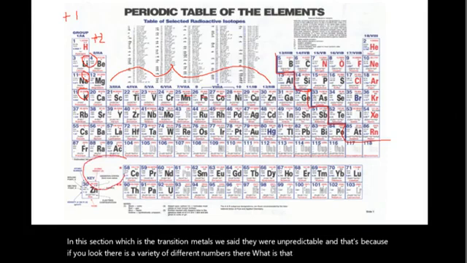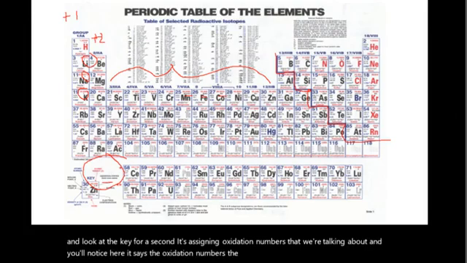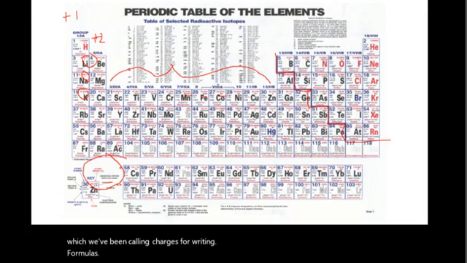Go down here and look at the key for a second. It's assigning oxidation numbers that we're talking about, and you'll notice here it says the common oxidation numbers, which we've been calling charges for writing formulas. So the oxidation numbers are given here for each of the elements, and sometimes there's more than one.